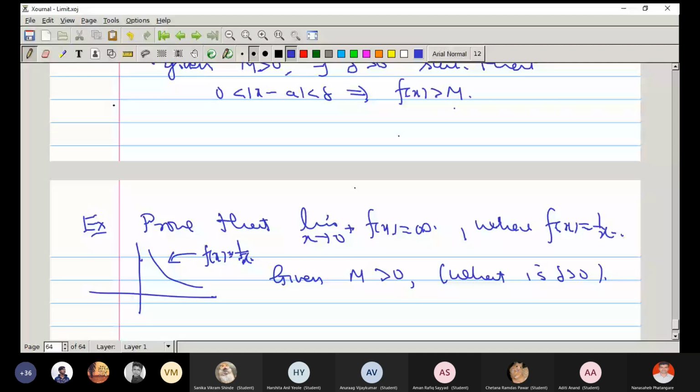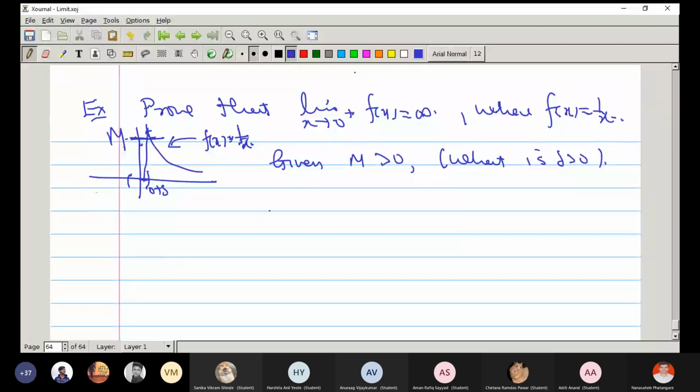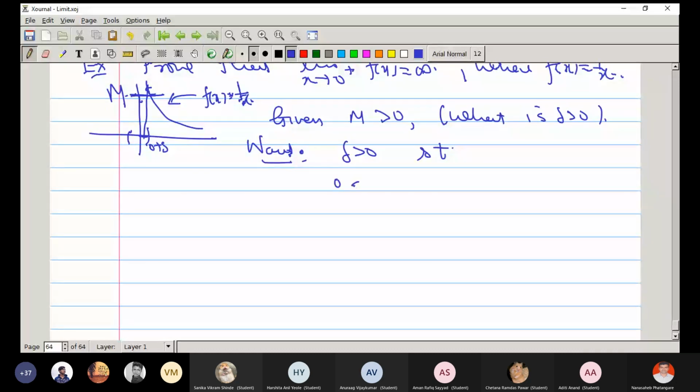If you are given any larger number M, can you produce delta such that whenever the distance of x from 0 is less than delta, then f of x is greater than M? Here we want the right hand limit, not the left hand limit.